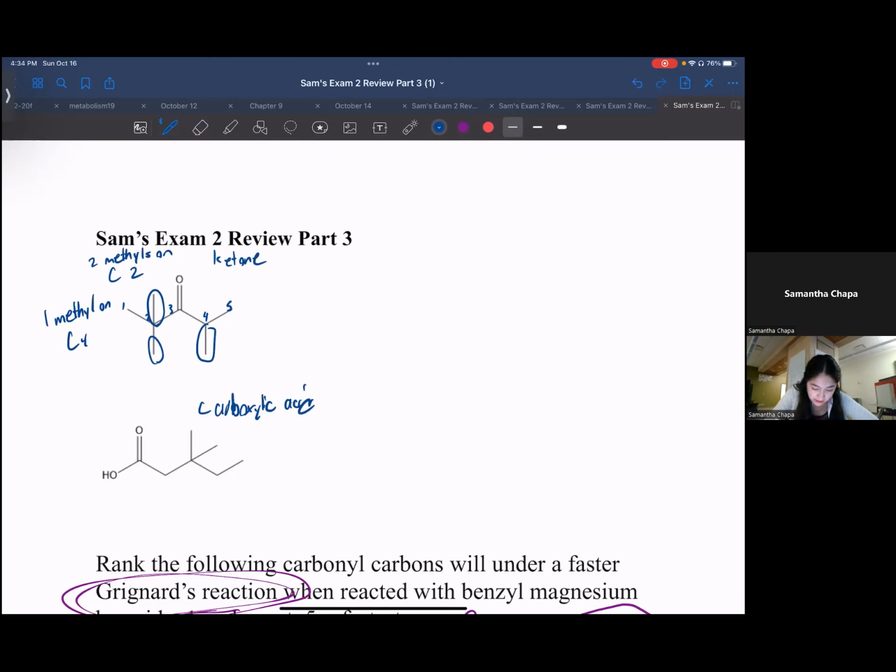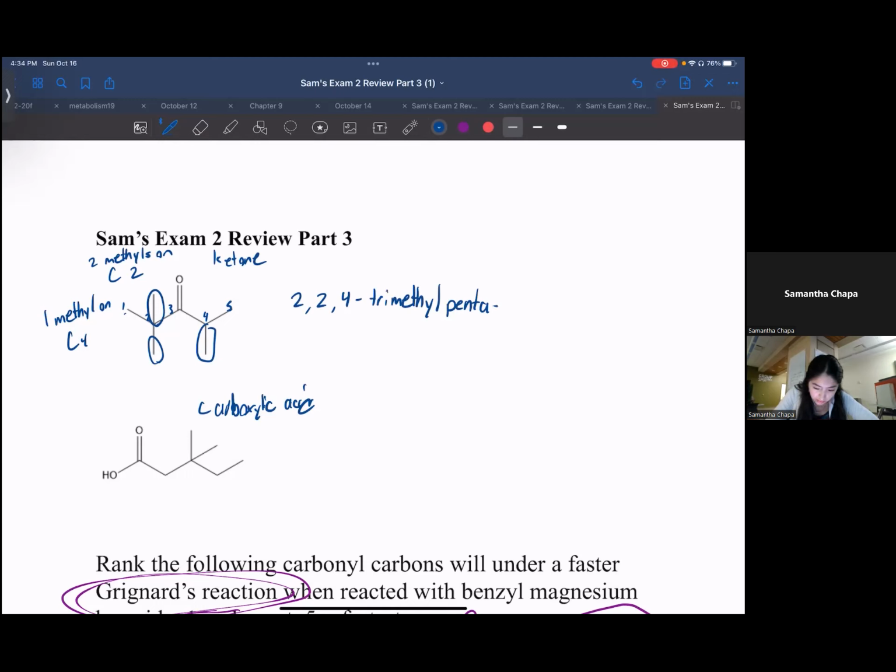So I'm going to do trimethyl. Actually, no, it starts with a number. 2, 2, 4, trimethyl, because we have 3 methyl groups. Penta, we have 1, 2, 3, 4, 5. It's the longest chain.